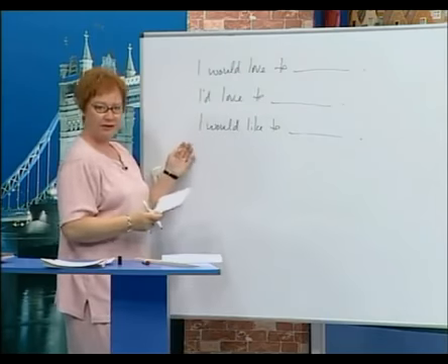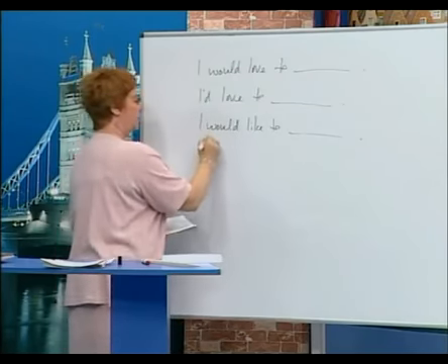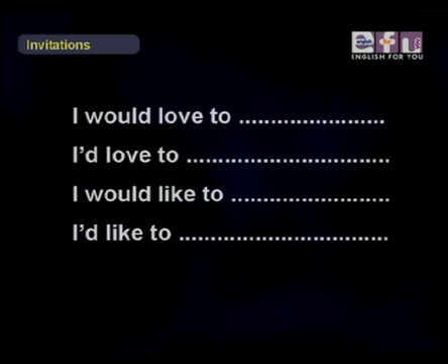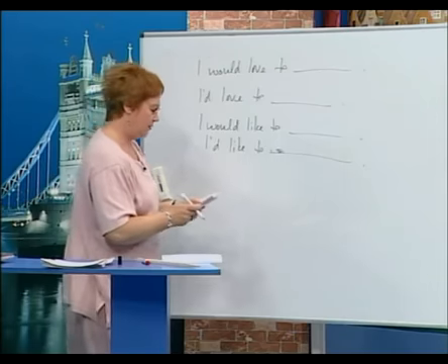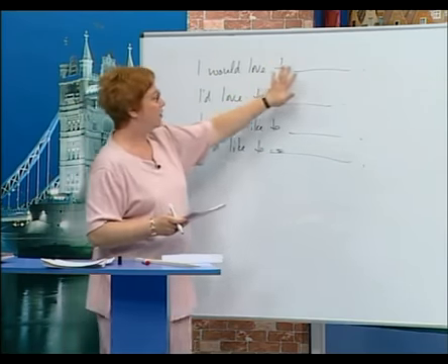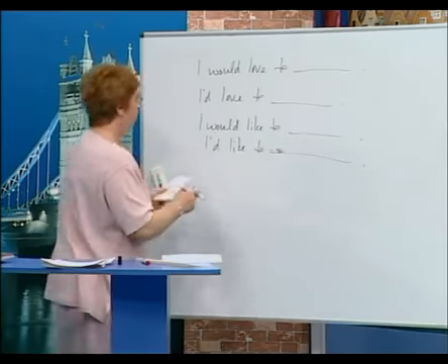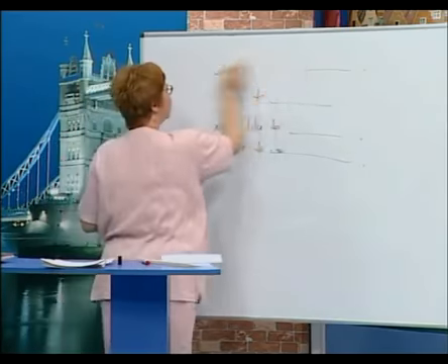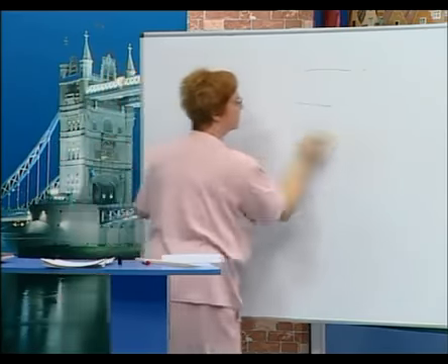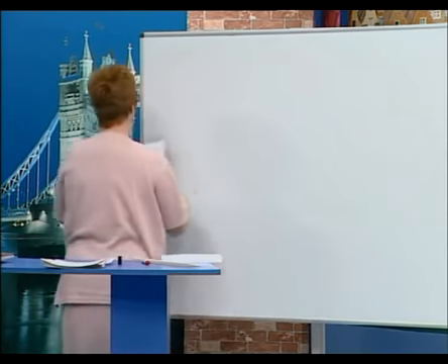I would like to have dinner with you. And again, we make it shorter. I'd like to. Now, then we say what we're going to do. Okay? Now, here's some examples, and you can also see them on the screen as we do these.